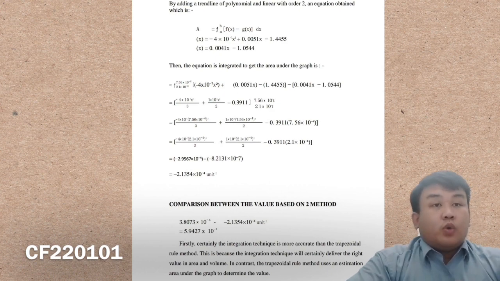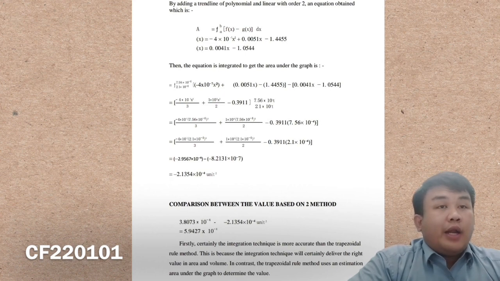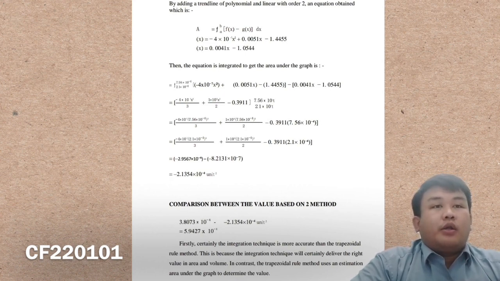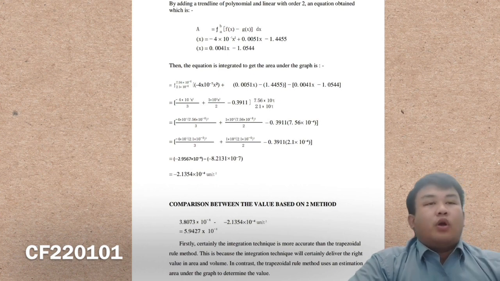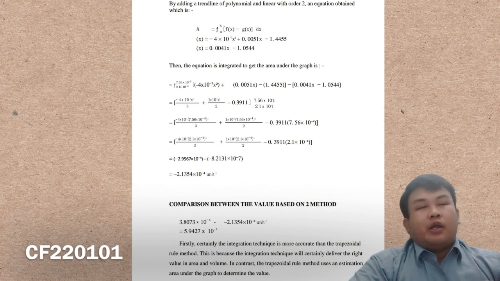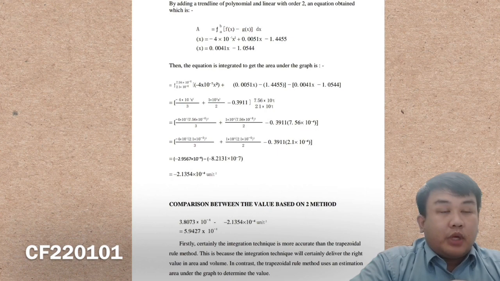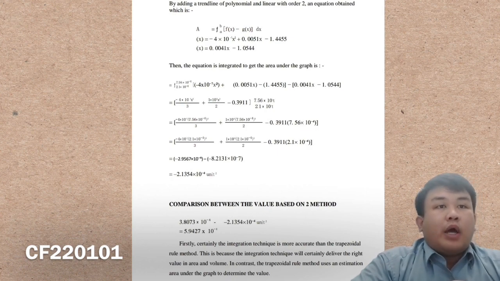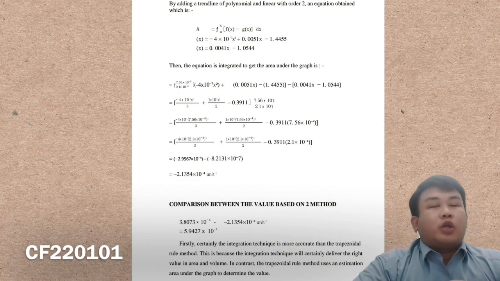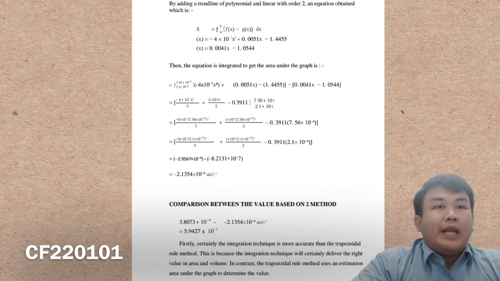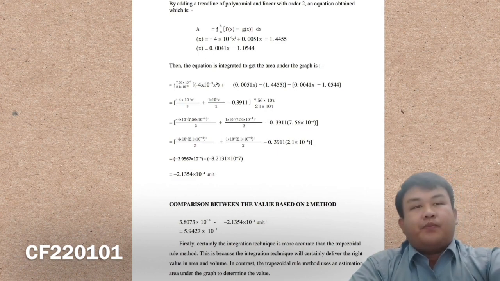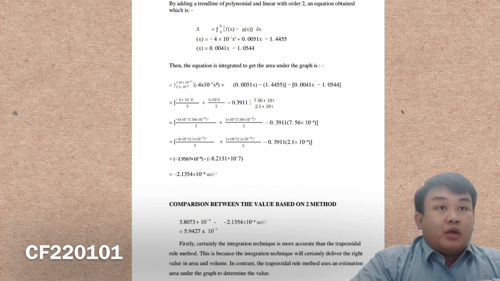We enter equations 1 and 2 into the formula, and we got negative 2.9567 times 10 to the power of negative 4, and then minus negative 8.2131 times 10 to the power of negative 5, and we got the answer negative 2.1354 times 10 to the power of negative 4. Now we got the integration method.